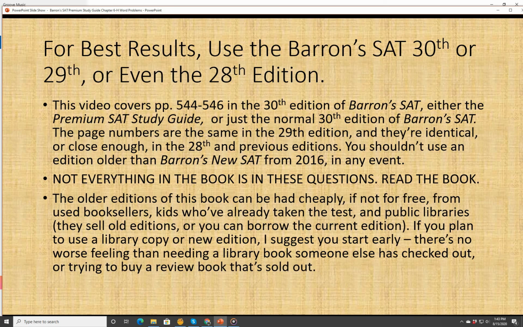If you plan to use a library copy, or you plan to go buy a new edition, I suggest you start early. There's really no worse feeling than needing a library book someone else has checked out, or trying to buy a review book at a store just to find out that it's sold out. Also, come on, if you're trying to start 2 days before the test, you'll get some improvement, but you're really not going to optimize how well you can do.